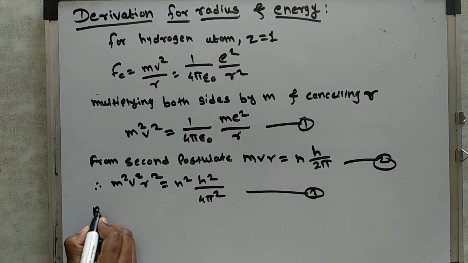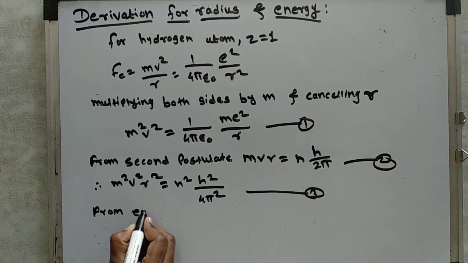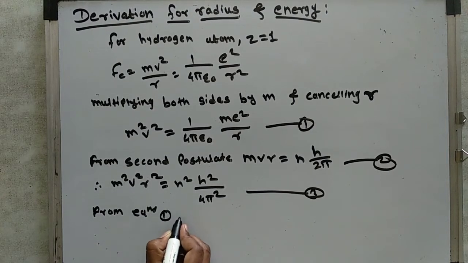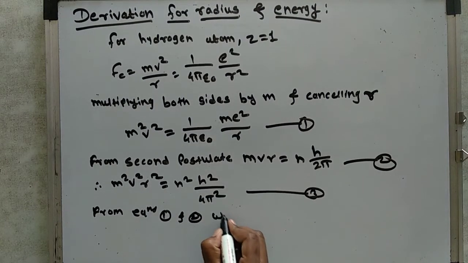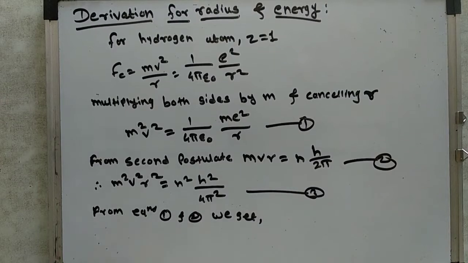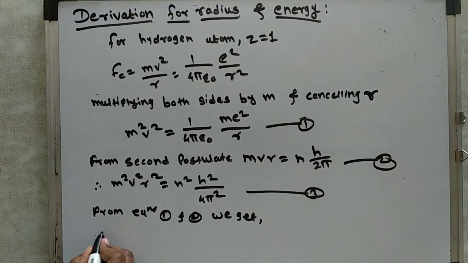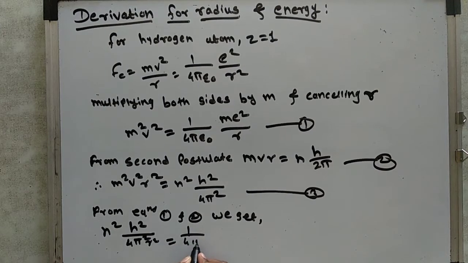From equations first and second we get n square h square upon 4 pi square r square is equal to 1 upon 4 pi epsilon naught m e square upon r.